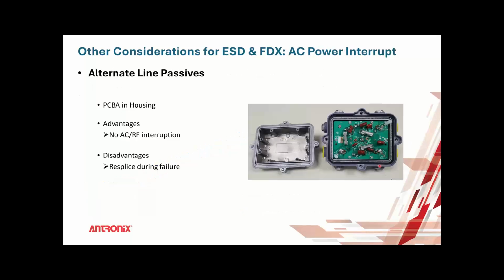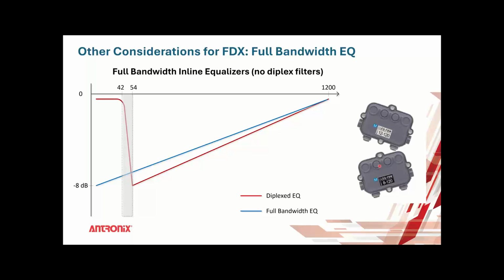Those considerations are both for extended spectrum and FDX, because those have RPD nodes associated with 1.8 gig nodes and FDX nodes. For equalization, there's a few ways to equalize signals in a cascade.